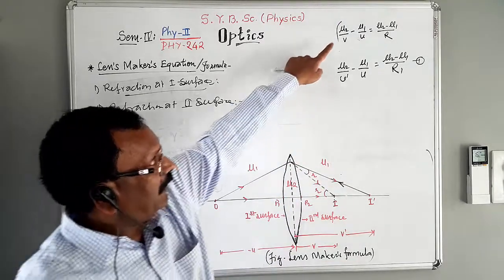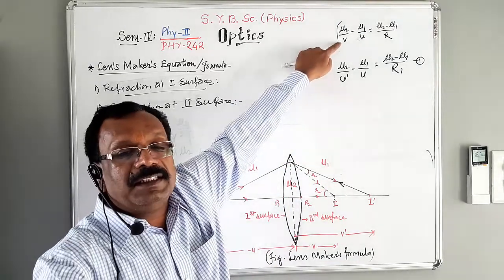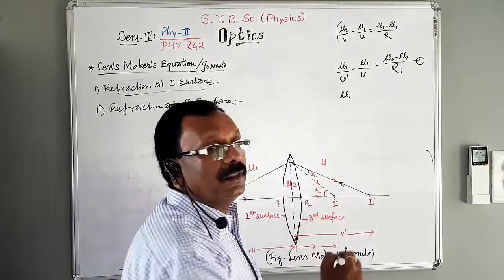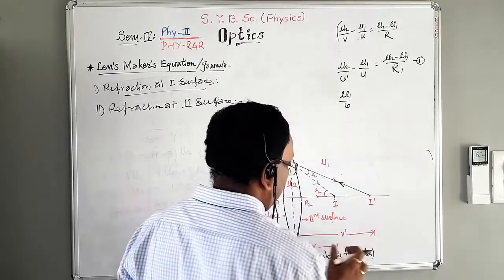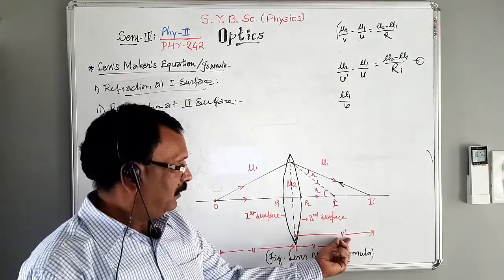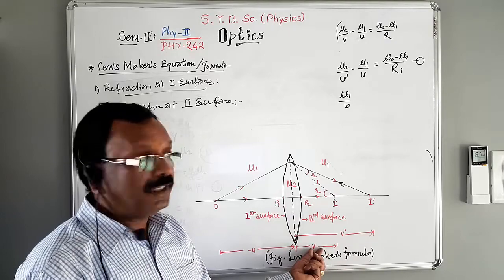So using again this equation, we have mu1 upon V, because this is the image distance, minus mu2 upon V prime, the object distance.